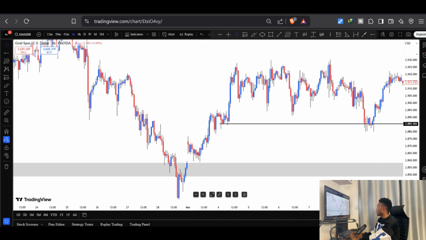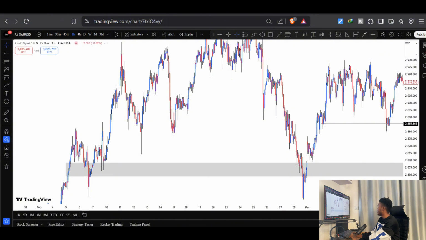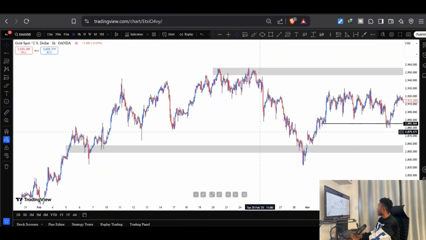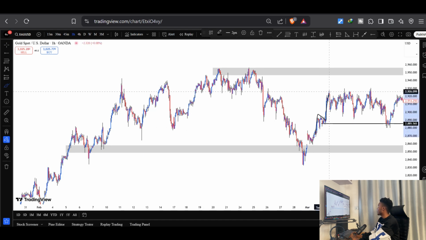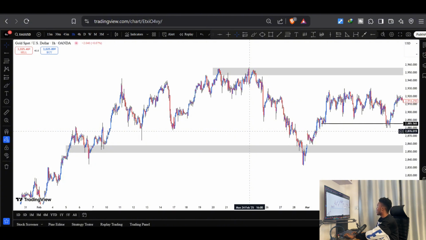Now, if we zoom out a little bit so that we see where we are trading, you get to understand that price basically bounced off this region, came back to this region, and we traded back to this level here. Now, you want to keep an eye on the left side of your screen. On the left side of your screen, you always have clues. You always have footprints of price. So this is one thing you need to have in mind.